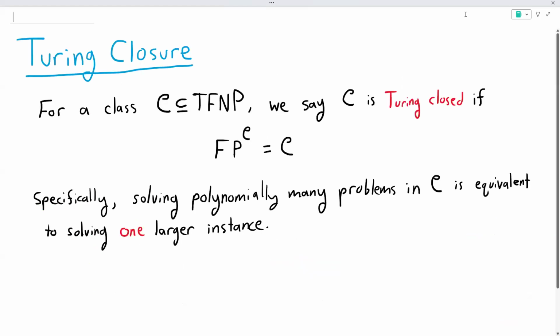Okay, so let's define the Turing closure. Given a class C in TFNP, we'll say C is Turing closed if FP with oracle access to C is in fact equal to C. You can think of this as polynomial time algorithms with oracle access to search problem C. This is in fact equivalent to a single oracle call to C, but possibly on a larger input size.